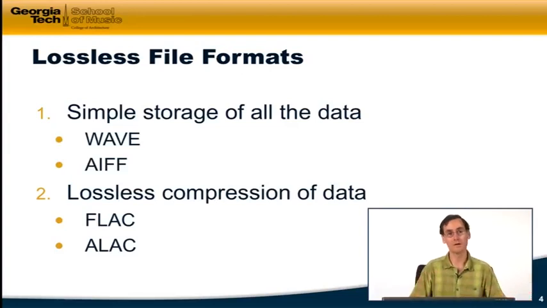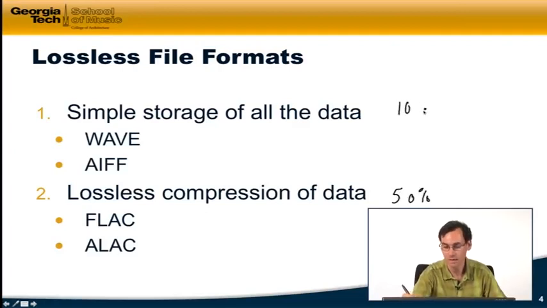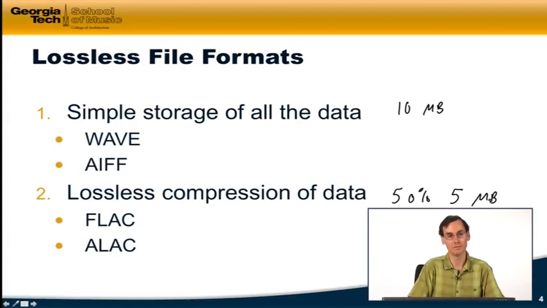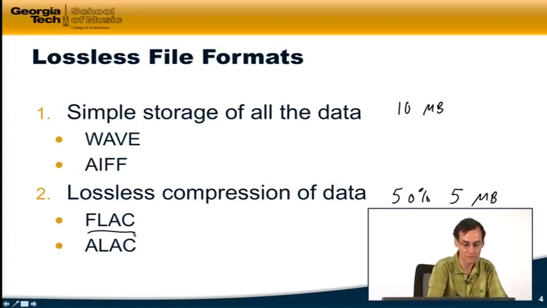Using a technique like this, we could save usually about 50%. So instead of our 10 megabytes per minute of CD quality sound, we'd have about 5 megabytes to represent that same minute. And the most popular format here is FLAC.